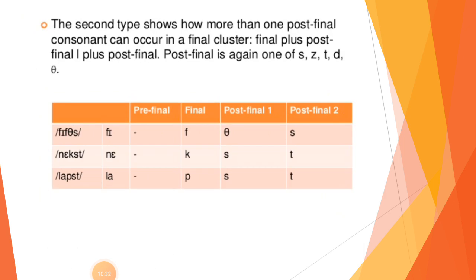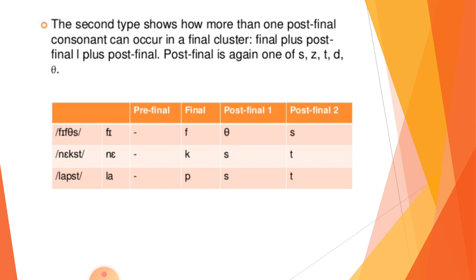Now we will see the second type. The second type shows how more than one post-final consonant can occur in a final cluster: final plus post-final plus post-final.